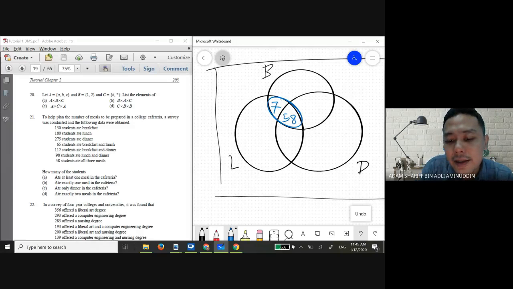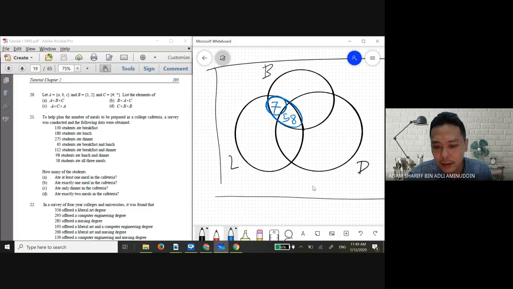The small region here is 7. And when you add 7 with 58 becomes 65. This is the students who ate only breakfast and lunch without dinner. Itu je. Perlu tak kita hafal formula tambah-tambah tu? Jadi boleh tapi susah. Bagi saya susah.